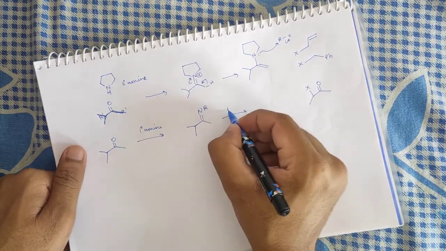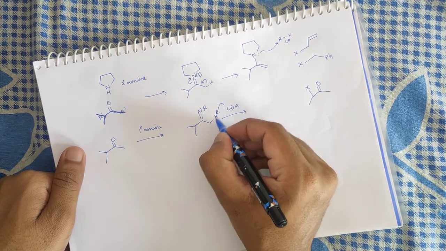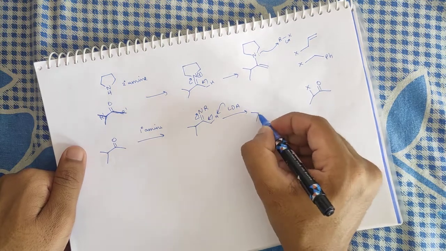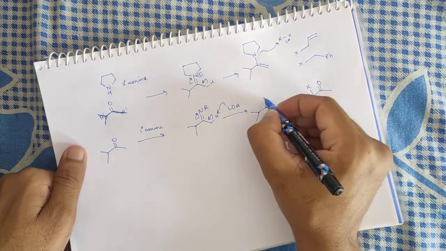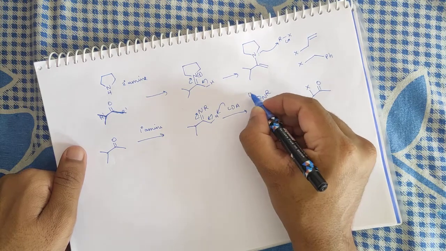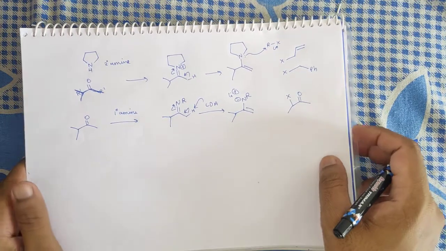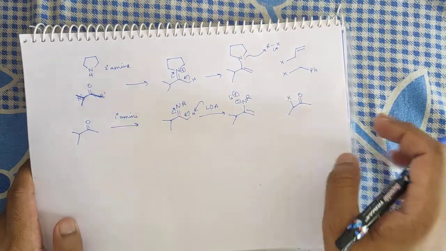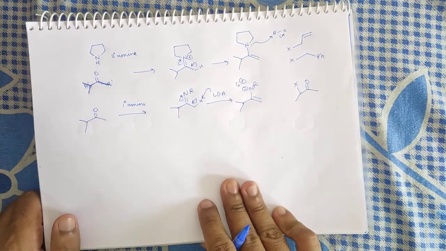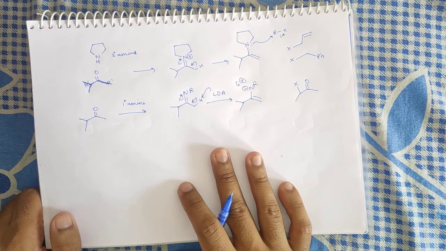Now if you add LDA, it will remove protons from here, the less substituted site, and there will be formation of an azaenolate like this. Now you can react it with SN2 reacting reagents like primary alkyl halides or also these compounds. It will work well.